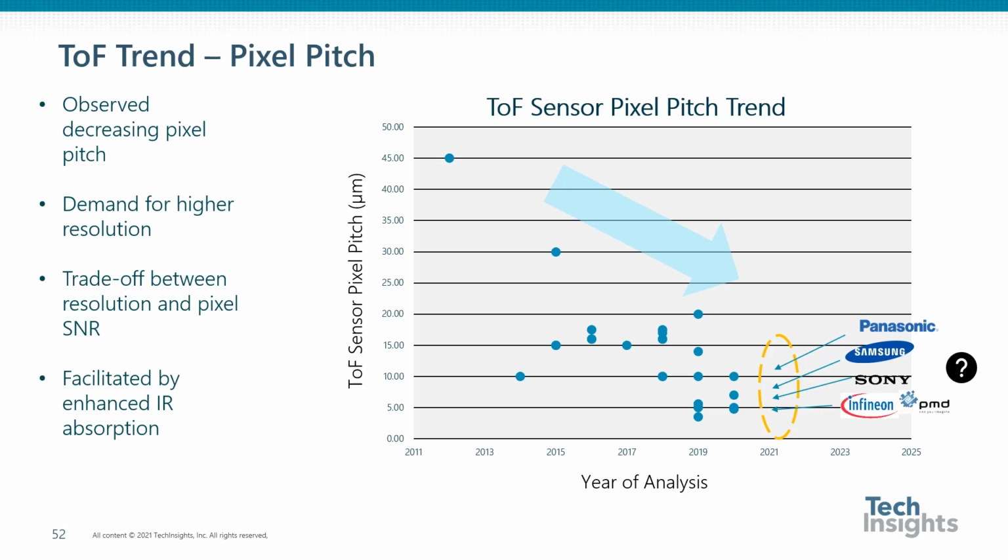There's also, of course, a concern with reducing pixel pitch in terms of signal-to-noise ratio, but we believe that those will be addressed through other means, such as enhancing detection using different enhancement of IR absorption for time of flight. So in conclusion, for pixel pitch, we do see a decreasing trend, and we are highlighting here what we can expect to see from the vendors that we have analyzed.